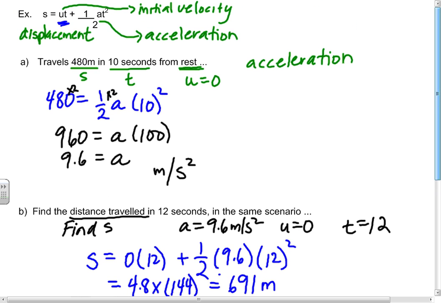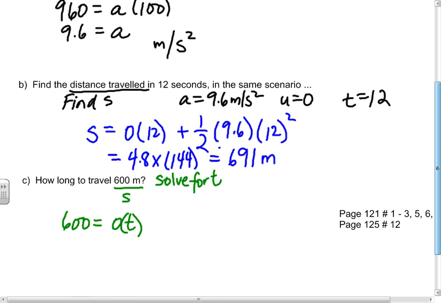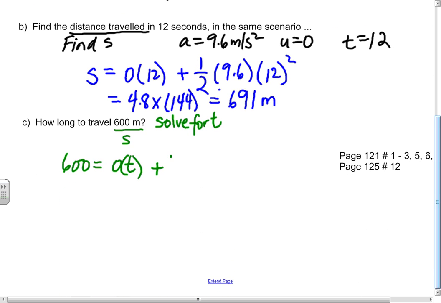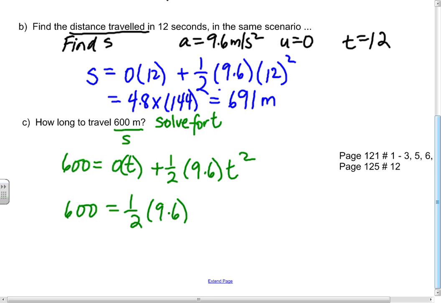Half a t squared. And our a was 9.6. That's what we are trying to solve. So the 0t is not there. A half times 9.6 times t squared. If I want to get t squared by itself, I'm going to multiply both sides by 2 to get rid of the fraction.